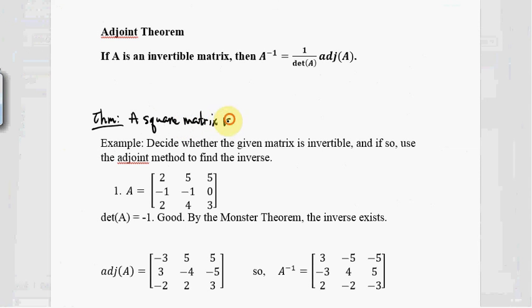A square matrix is invertible if and only if the determinant of the matrix is not equal to 0.